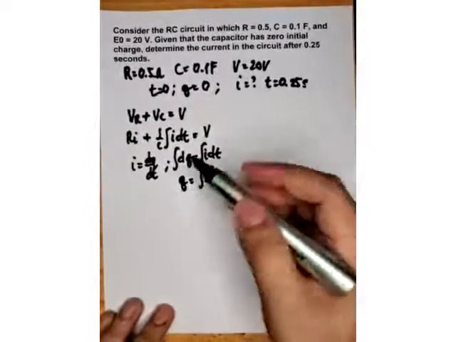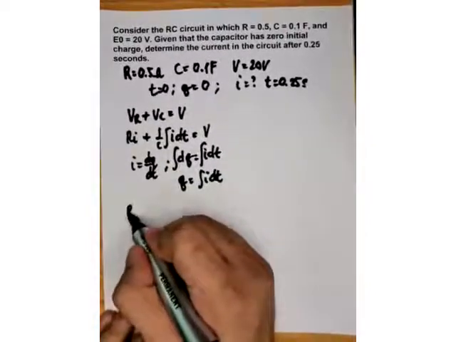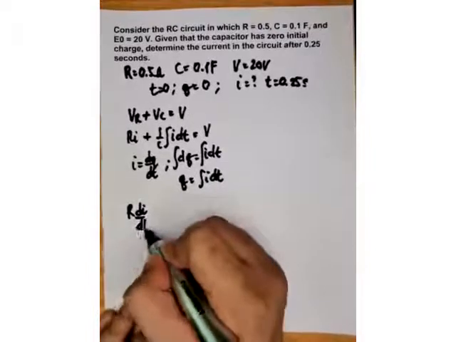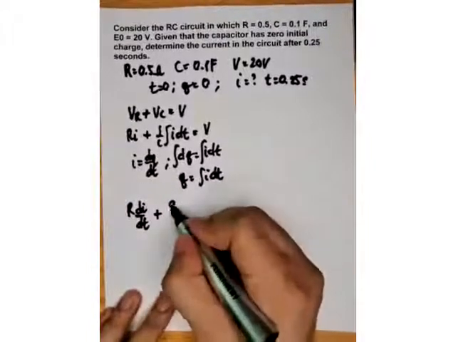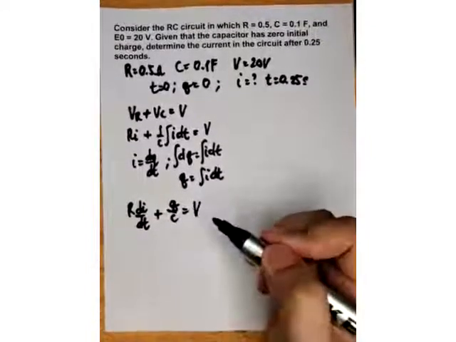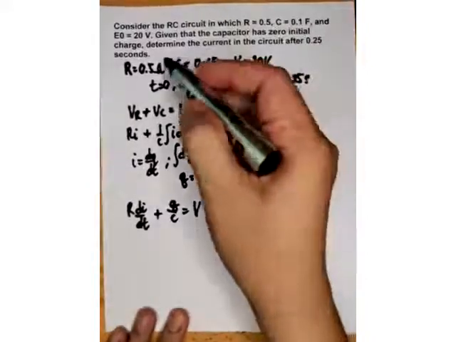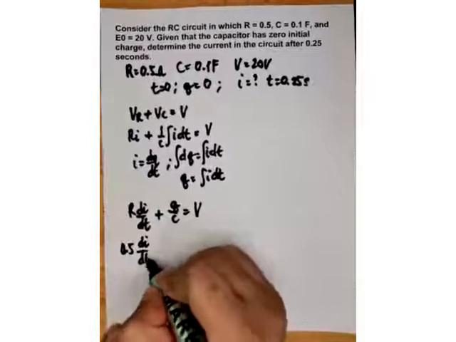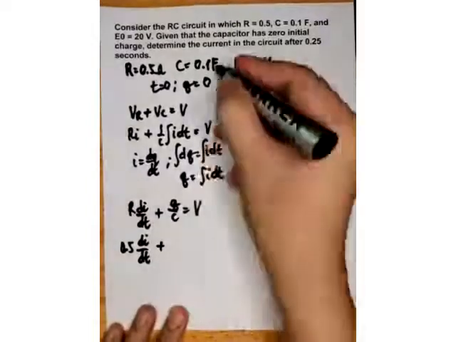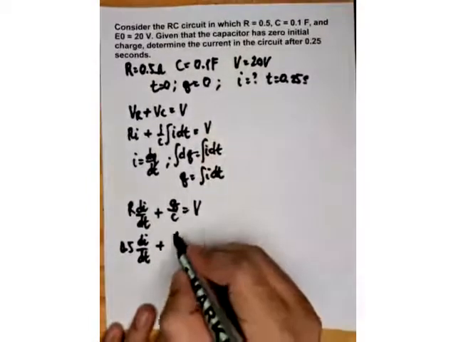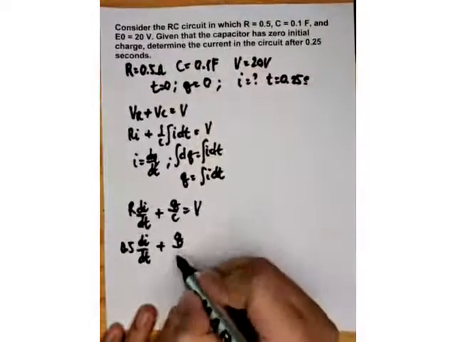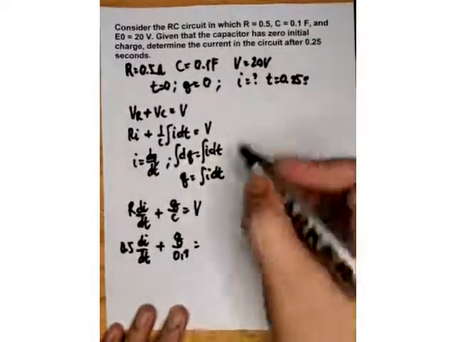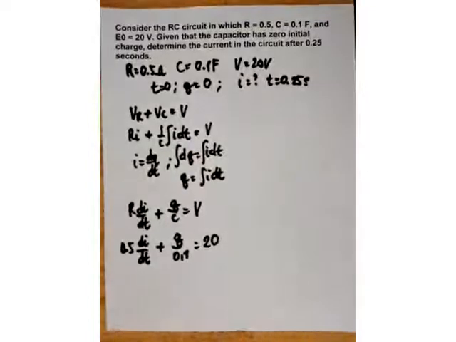So if we apply this, that means R dq over dt plus q over C is equal to V. And then let's apply the given. So we'll have 0.5 dq over dt plus q over the capacitance of 0.1 is equal to the voltage of 20.